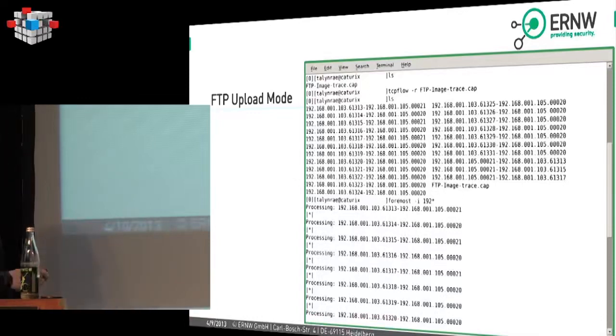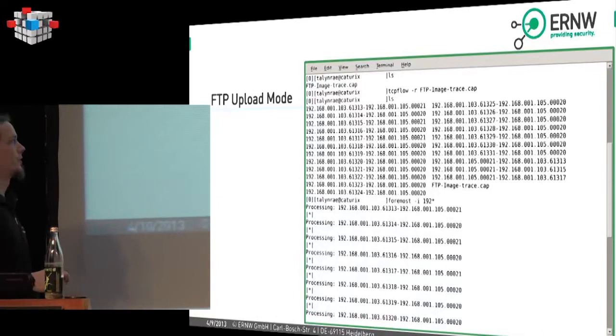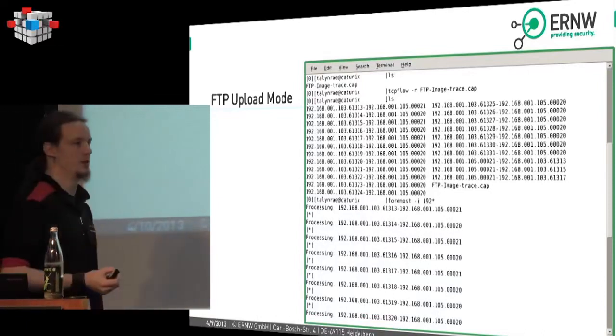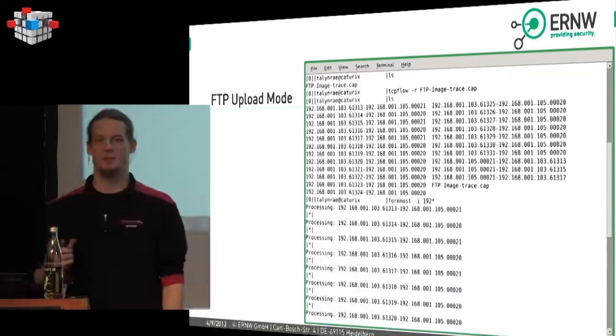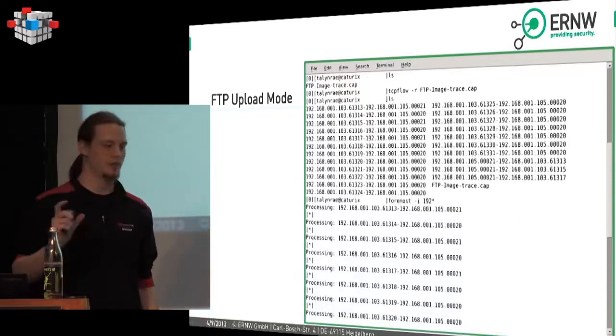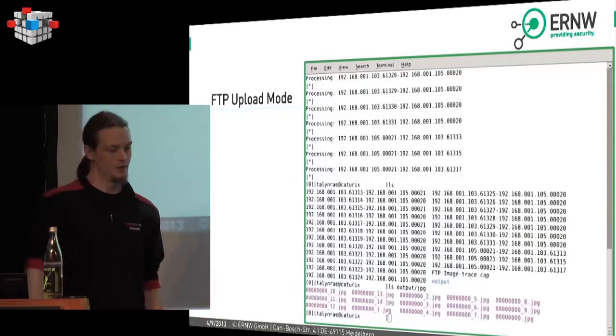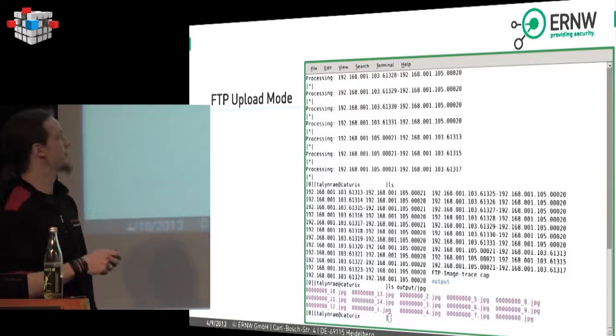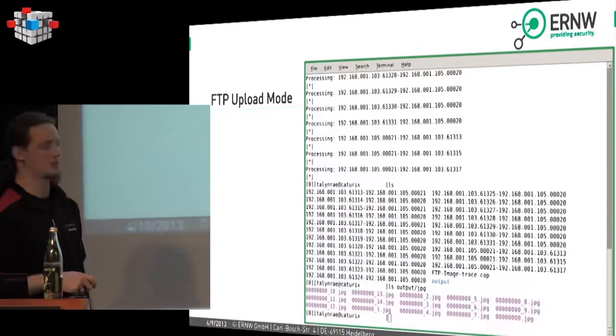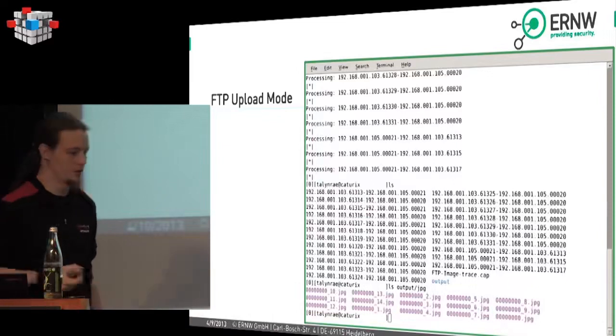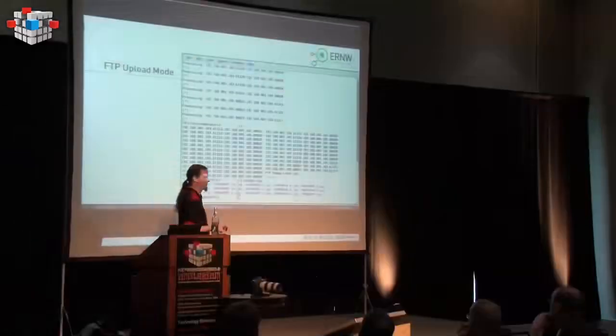Once you get the TCP sessions extracted, you can call some tool like Foremost, which does data recovery. It looks for images in this data stream and just throws them out as JPEGs. Afterwards, you get all the images that were transferred over the network.